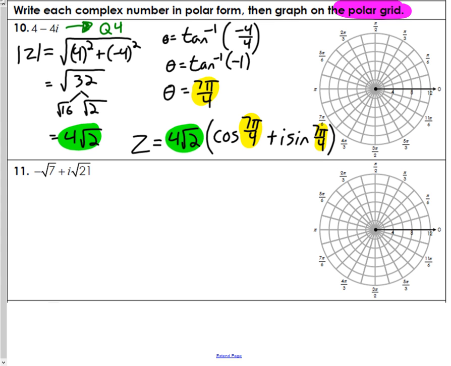Last thing that we are asked to do is actually graph this thing on the polar grid. No big deal there. 7 pi over 4 is our angle. So 7 pi over 4 is along this line here. And we want to go 4 root 2 units in that direction. It's just like graphing those polar coordinates.